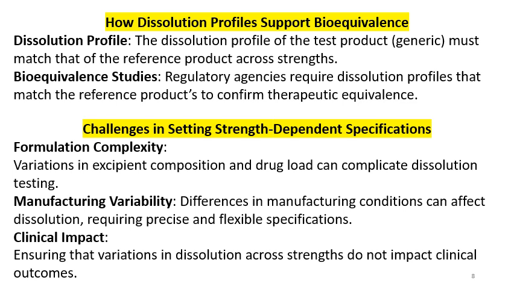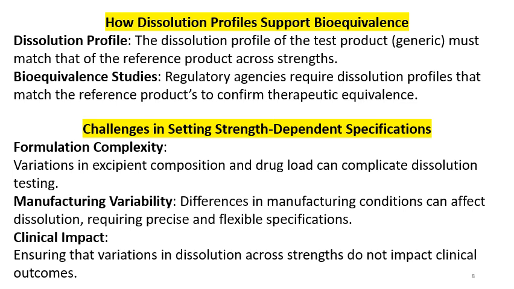How does the dissolution profile support bioequivalence? The dissolution profile of the test product, that is the generic, must match that of the reference product across the strengths. Regulatory agencies require dissolution profiles that match the reference products to confirm therapeutic equivalence. So this is the main point, how the dissolution profile supports bioequivalence.